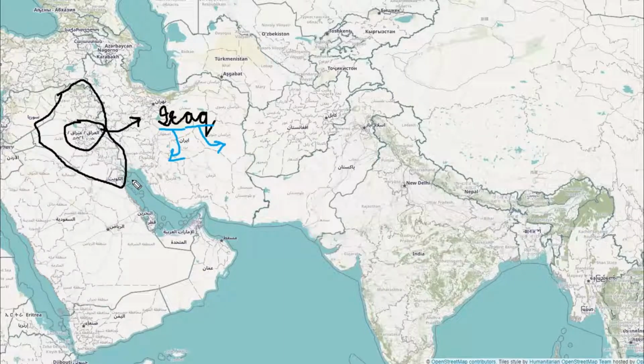Here Ir means near, and Ak is a word again similar to Ab. As they are similar in sound, maybe a little different, but still it means the same, that is water. So here we have a country or region whose name says it is near water.